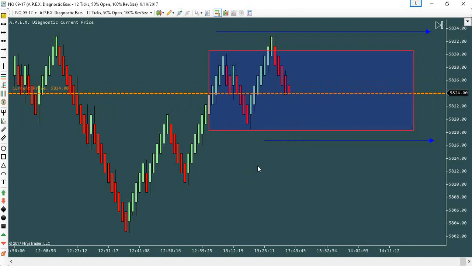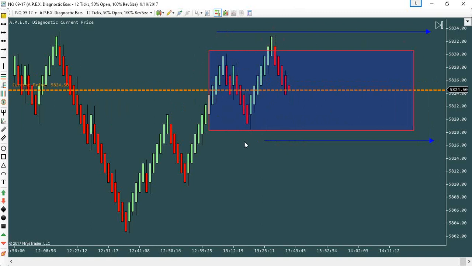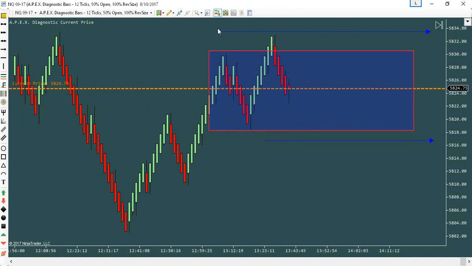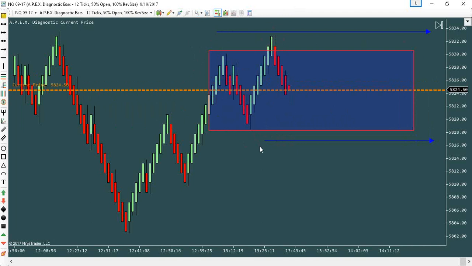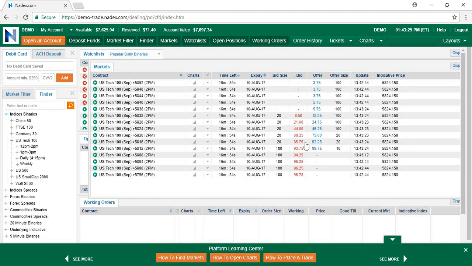You see that? Do you see what we just did there? We gave you a scenario where you could risk 10 or $15 to potentially make 50, right? While utilizing the power of in the money high probability binaries.